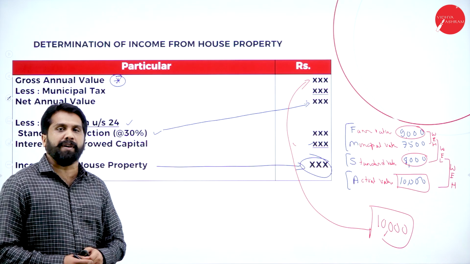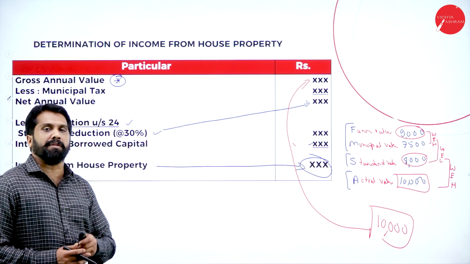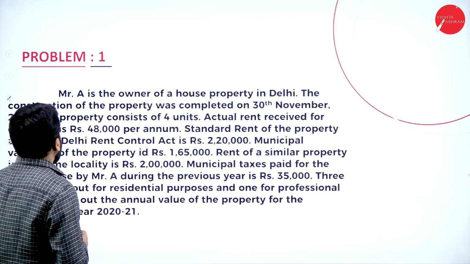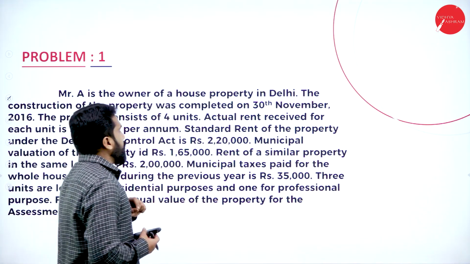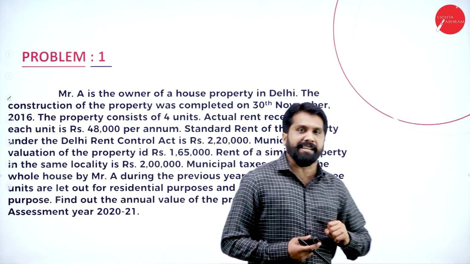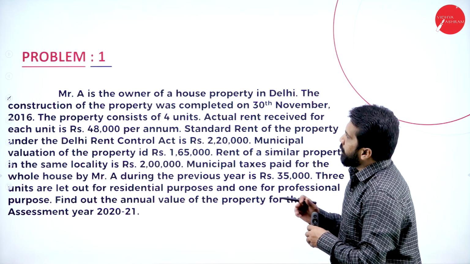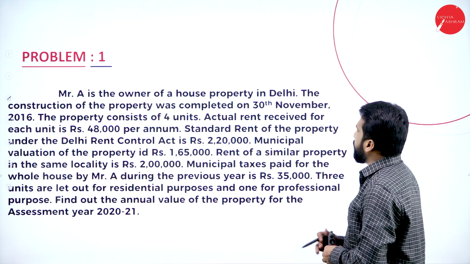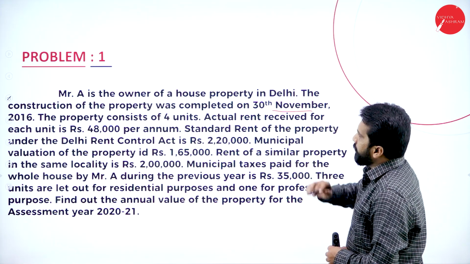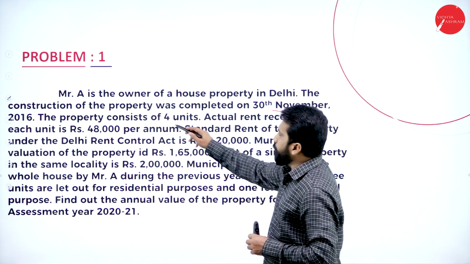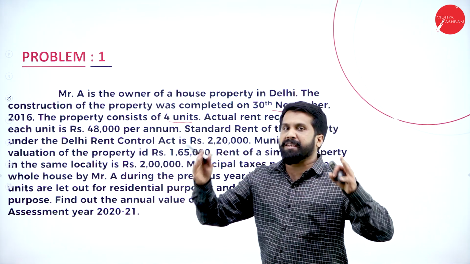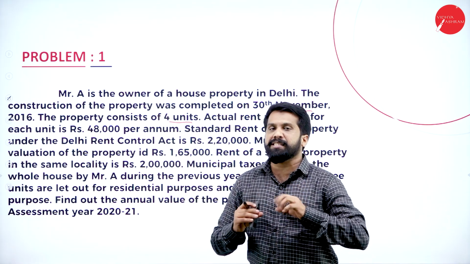I'll go to problem number 1 so that you will do that problem easily. Now, as per this, Mr. A is the owner of a house property in Delhi. Construction of the property was completed on 30th November. The property consists of 4 units, like a big apartment building.